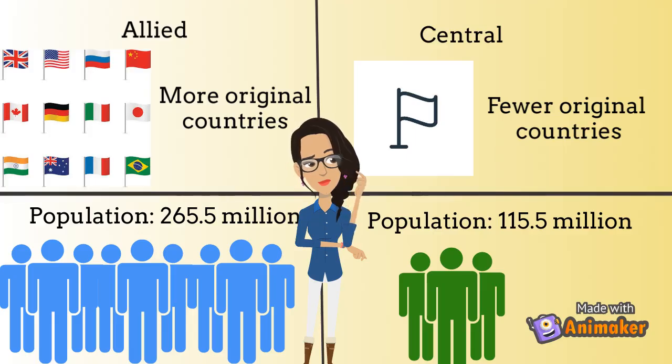The population of the Allied powers was 265.5 million, in contrast to the Central Powers, whose population was 115.5 million. In addition, the Allied powers had 39 modern battleships, while the Central Powers only had 20.